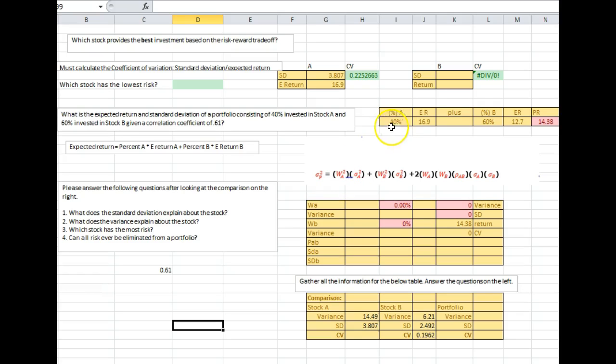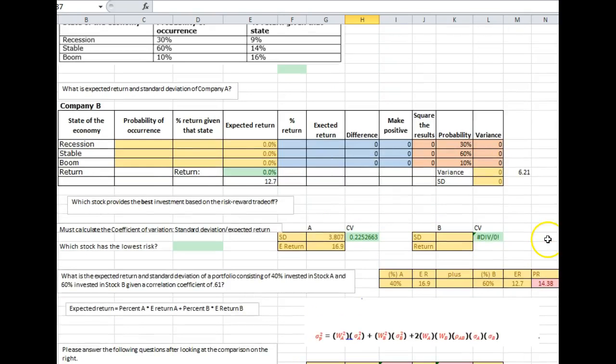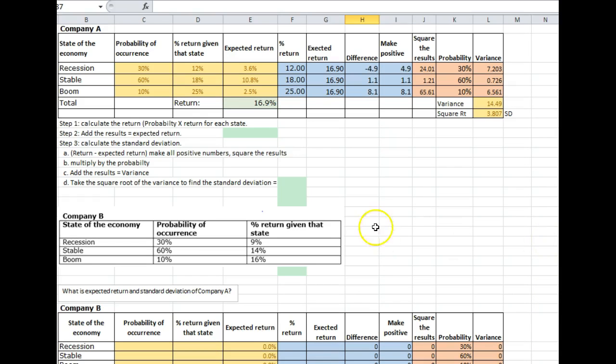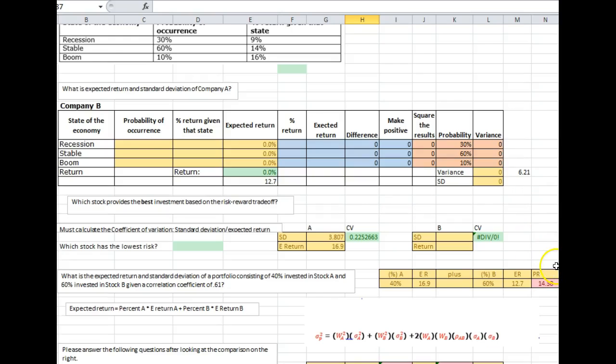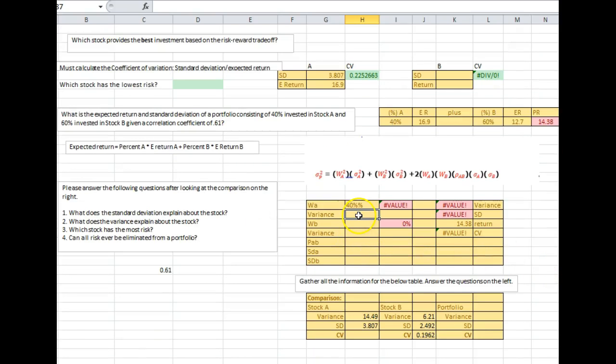This is the first weight of A. The first weight of A is 40%. The variance of A is, stop and think, this is the weight, the variance is, you figured it up here, 1449. So you'll plug that in.